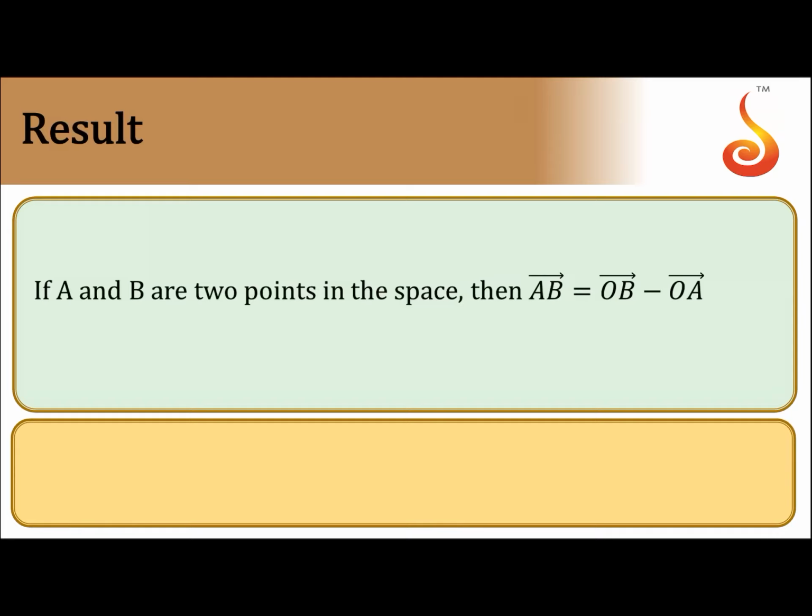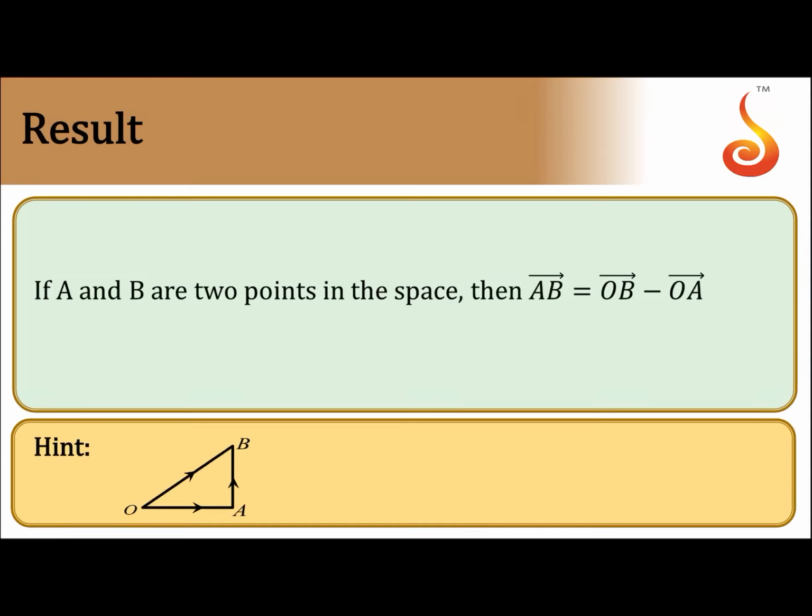Okay, with reference to position vector, one important result we'll see. If A and B are two points in space, then AB bar is equal to OB minus OA. It's simple. Very easy.